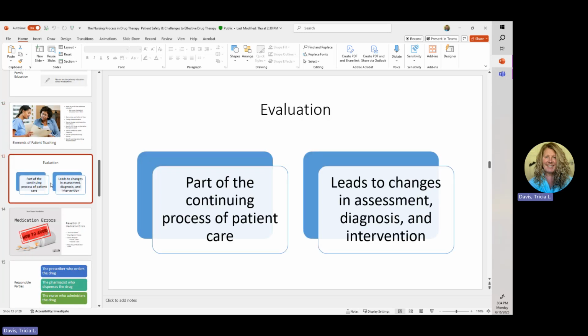And then, of course, we want to make sure that we evaluate. So evaluation is the part of the nursing process that is going to be continuing, right? This is going to continue over and over with regards to patient care. This leads to changes in our assessment, changes in identifying nursing problems, and it leads to changes in our interventions.